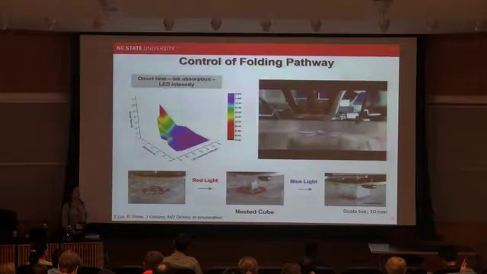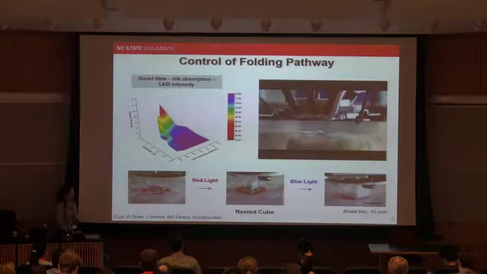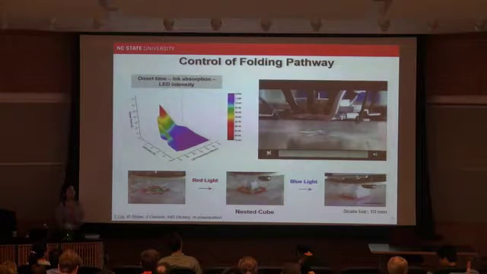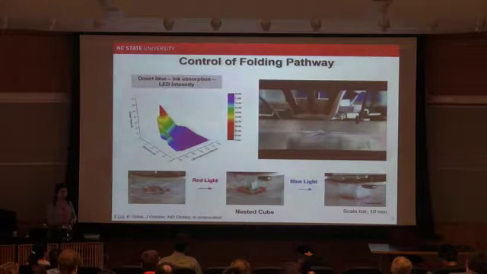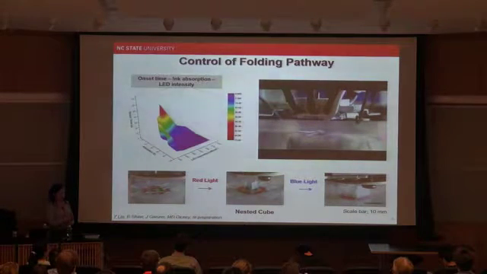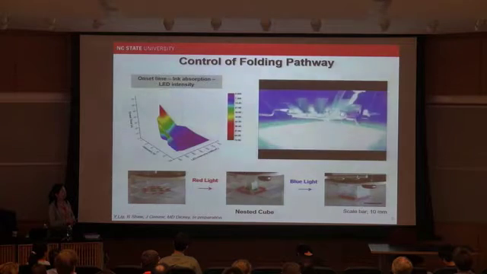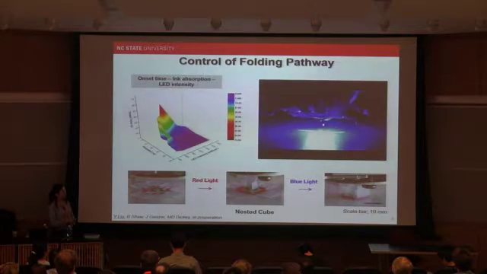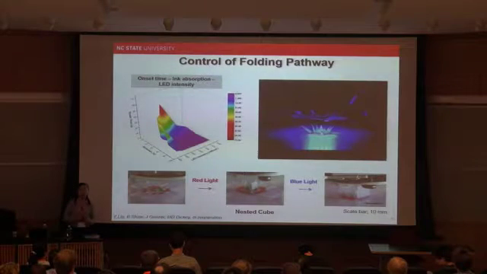But more interesting is, how about using a single LED, just a single wavelength? In this video, you have 3 layers of the same shape template, but with different color hinges. When you stack them vertically and irradiate with the blue LED, you can actually control the folding of each layer sequentially.